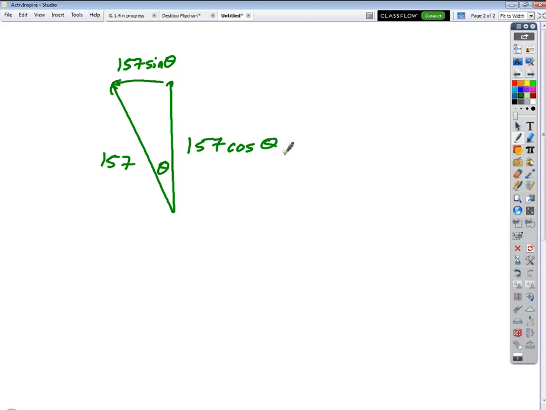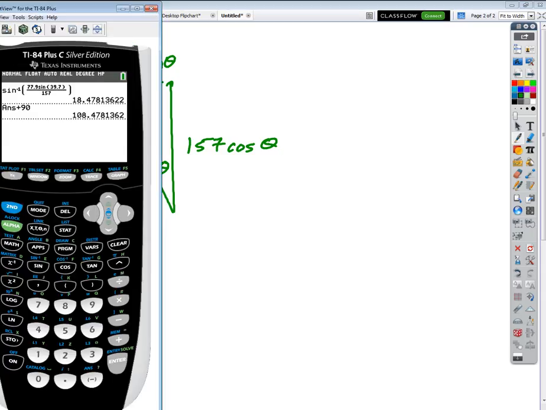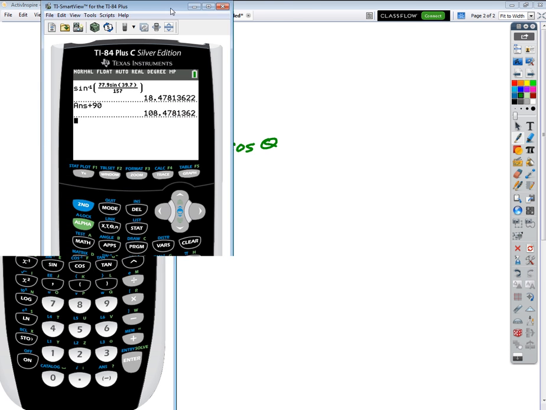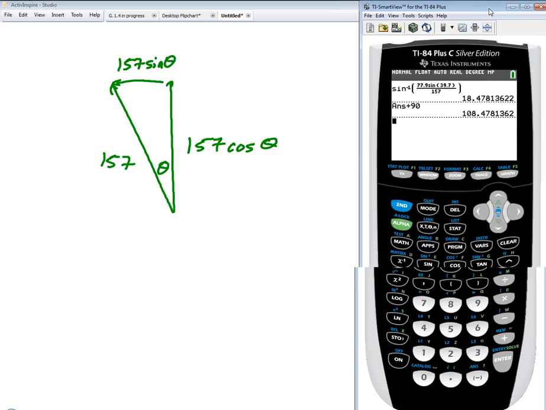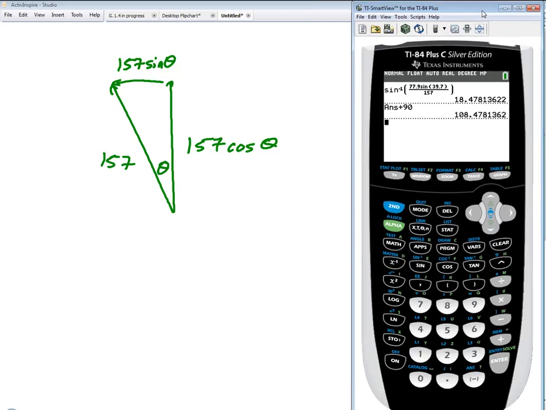Well, we know what theta is. Theta is in our calculator, the 18 degrees for our little triangle. So the y component then is 157 cosine of that. There's the plane's component.